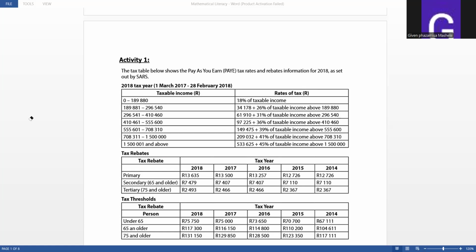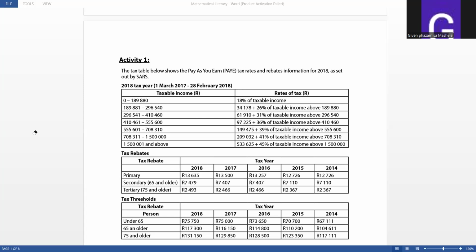Secondly, the second table is the tax rebates and the tax threshold, which we'll be talking about. Now, these tax tables are calculated for a year, so it's an annual tax table. It means that when you are doing the calculation, your calculation should be on an annual basis, not monthly.